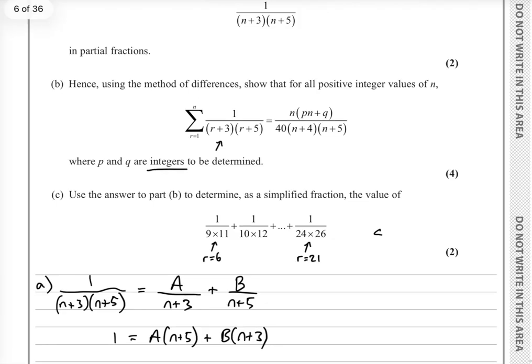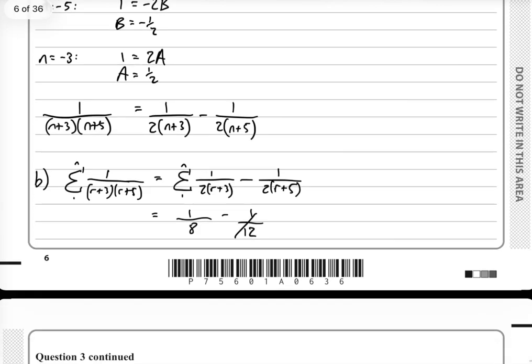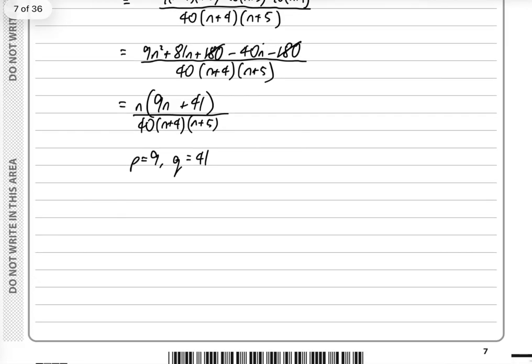here is the sum from 6 to 21, which is the sum from 1 to 21 minus the sum 1 to 5. I'll rewrite that down here. Sum of 1 to 21 minus the sum of 1 to 5.